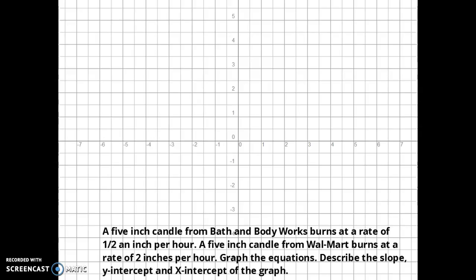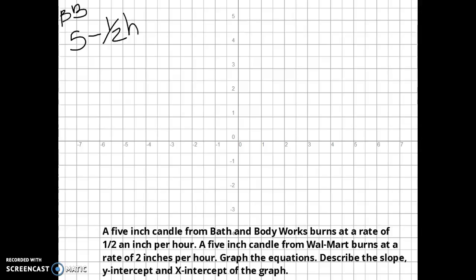The first thing I'm going to do, for myself, is write the equation. Knowing that a Bath & Body Works candle is 5 inches to start with, and we're taking away a half an inch for every hour.